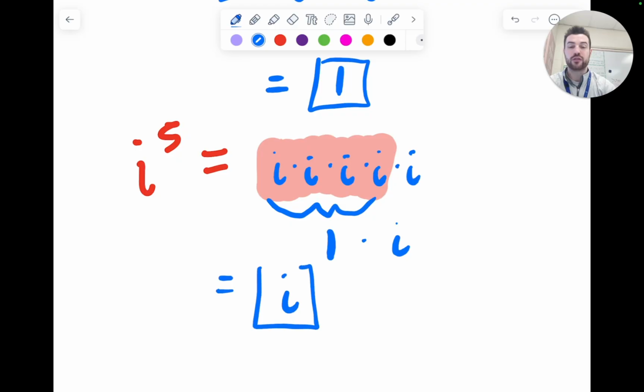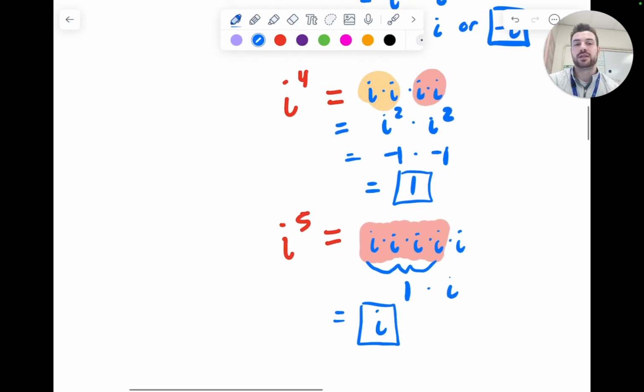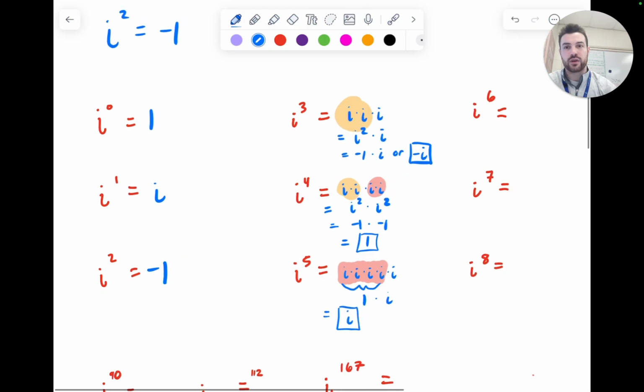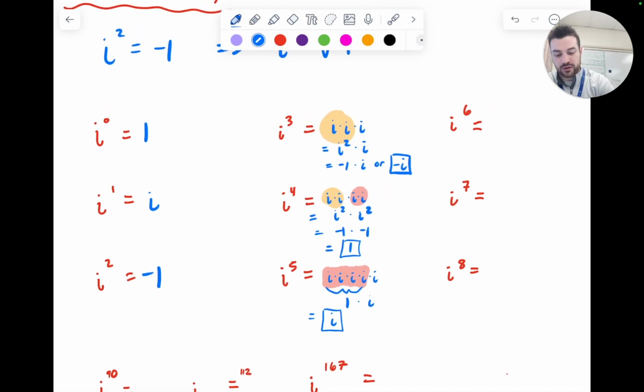So i to the fifth power simplifies to i. So we've got some values here. We've done the first 5 powers. i to the 0 power is 1. i to the first power is i. i to the second power is -1. i to the third is -i. Then i to the fourth is 1. i to the fifth is i.